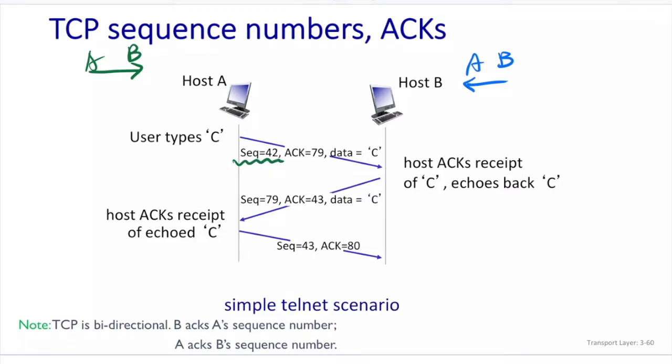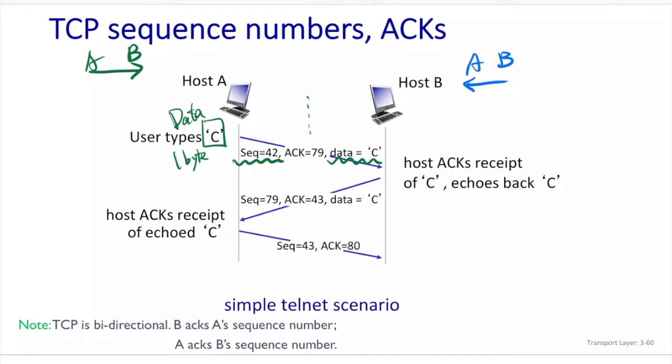So currently the sequence number sent by A is 42, and that is the current data, okay? It has 1 byte of data. So right here, the current sequence number is 42, and it contains only 1 byte of data.